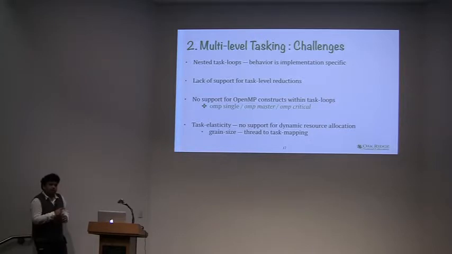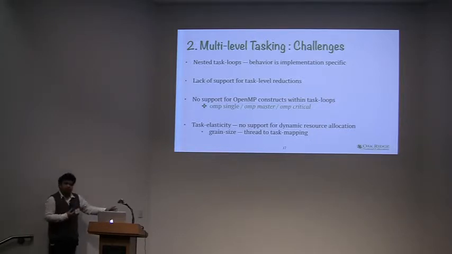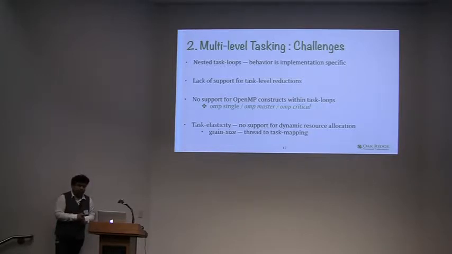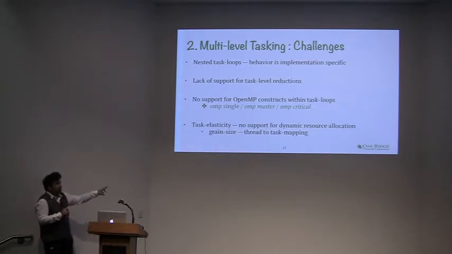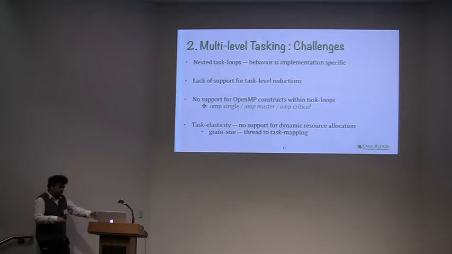And this is something that we needed for our application and other physics applications that we have at the lab as well. Currently, tasks will let you map, when you use grain size, you can map threads to tasks. So you can say that there will be one thread that can do 3 tasks or 4 tasks, but you cannot have one task using 3 threads or 4 threads.